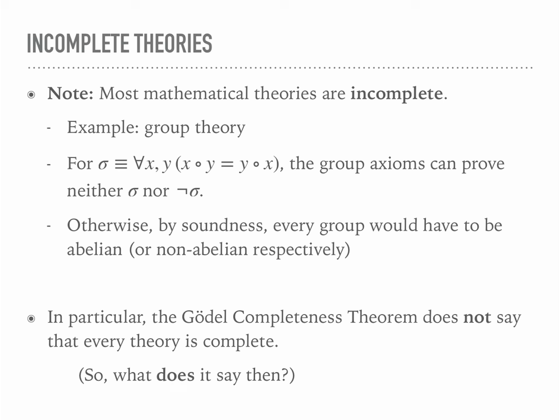But that's not true, right? There are groups that are abelian, and there are groups that are not abelian. So, in particular, the group axioms cannot decide this statement in terms of a proof. So this sentence is also called independent of the group axioms.